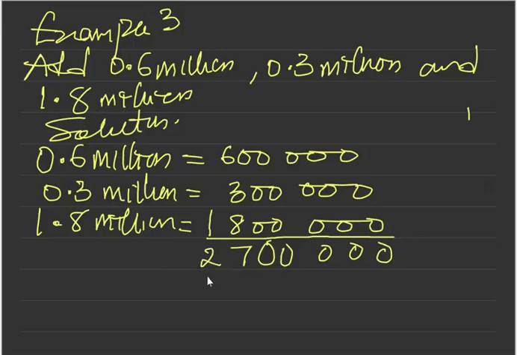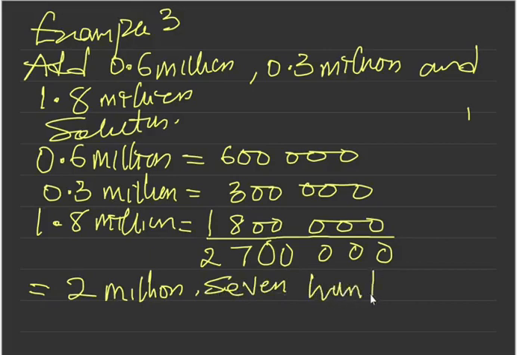So let's count again. If you're able to see, it will now be 1, 2, 3. That is thousands. 1, 2, 3. Any moment from now, I see million. So that means we have 2 million, 700,000.